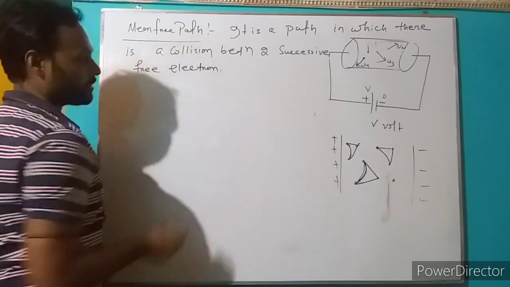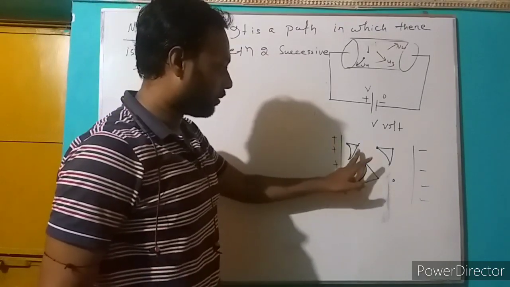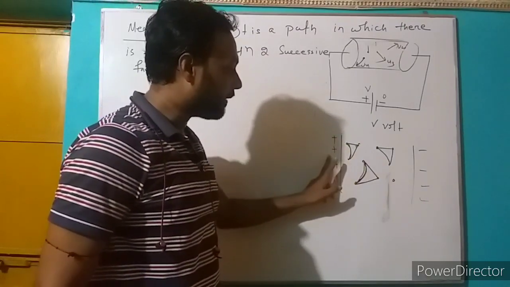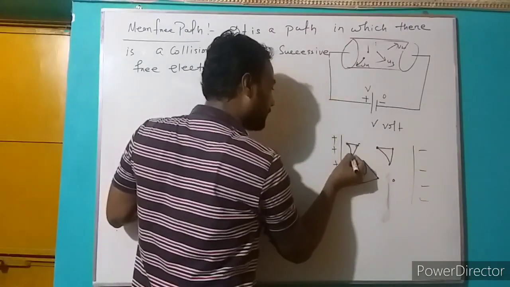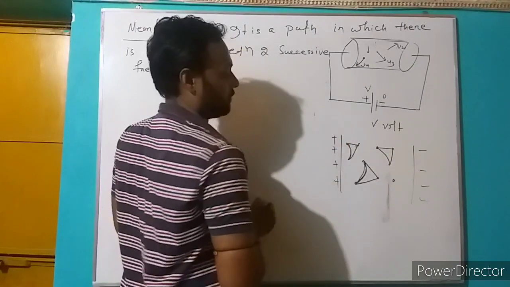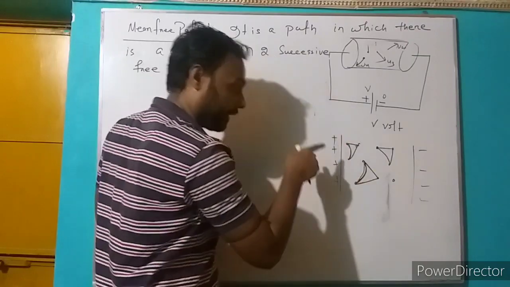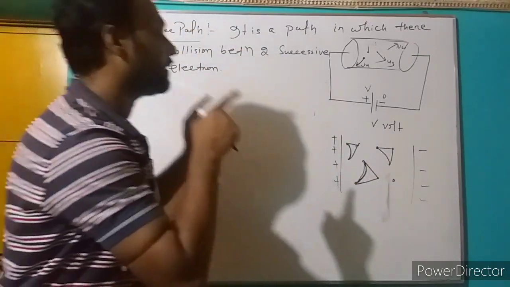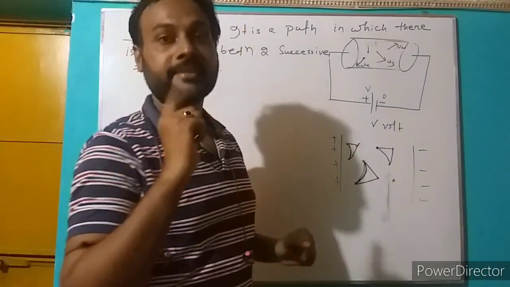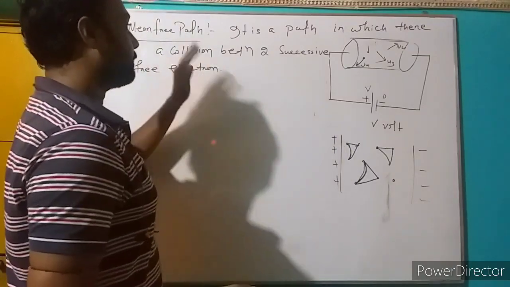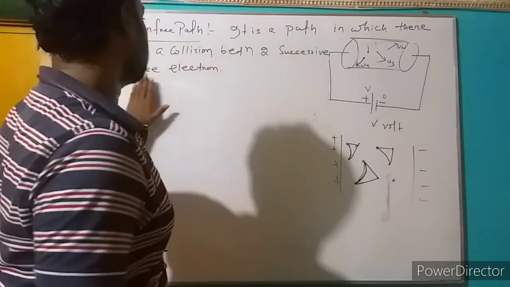Clear? That means, suppose this electron is here. Before applying the battery, that electron collides with that electron. While we apply the battery, that electron drifts from its path, moves in that direction and collides with another electron. So there is a path here. That path is known as the mean free path. While they cover it, the time taken is known as relaxation time. So mean free path means a path in which there is a collision between two successive free electrons.